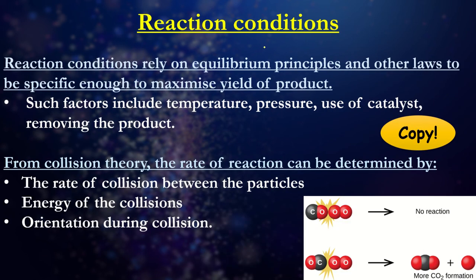In terms of reaction conditions, quite often these reaction conditions will rely on understanding of equilibrium principles. So that's Le Chatelier's principle, and also what we discussed in Module 5, the collision theory.